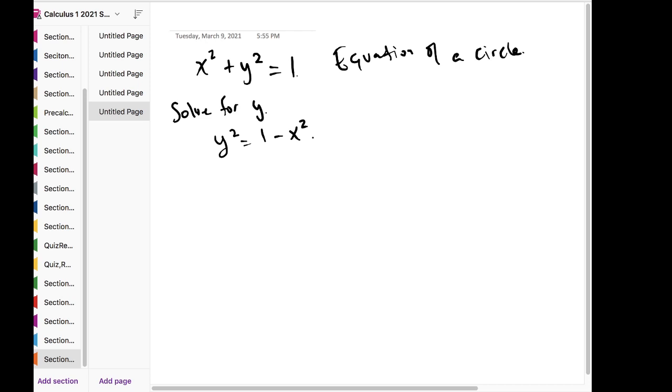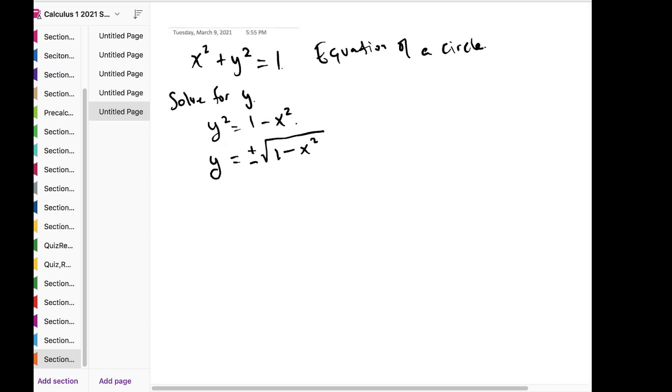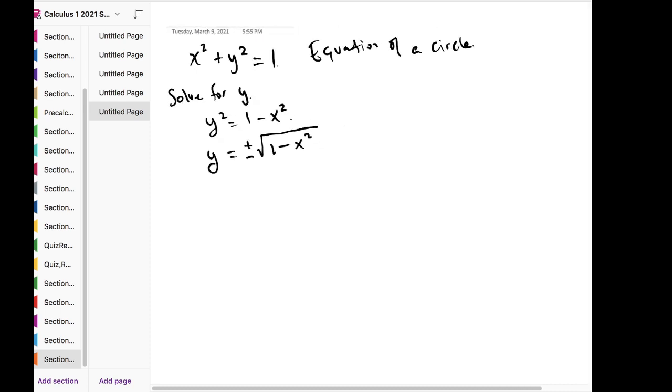How do we solve for y? Yeah, square root both sides. It's very important that when I do the square root operation, I consider plus or minus. Square root as a function is just plus, so keep that in mind. So this is why the circle is not a function.